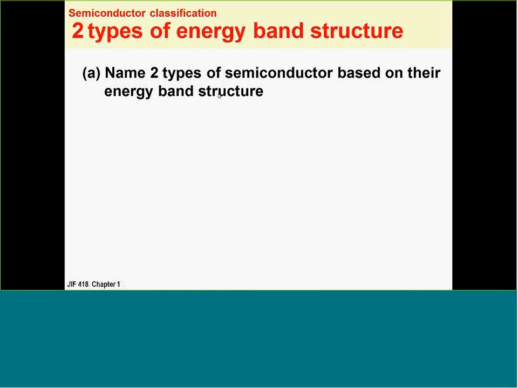Oh, here's another question about this energy band structure. Of course, we have discussed now two types of semiconductor based on the energy band structure, direct and indirect. And of course, there's another one, state their differences. Again, to answer this question, I will put it up as your third question in your first Webex assignment.